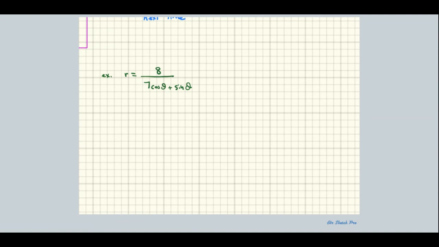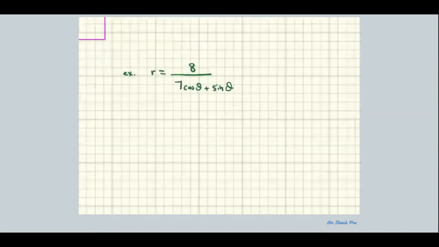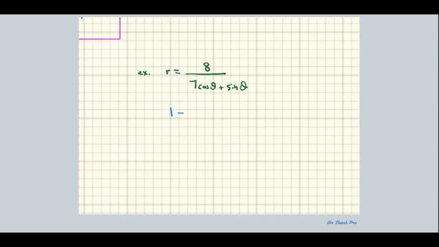And there's a trick for this. First of all, I'm going to write it as 1 equals 7 r cosine theta plus r sine theta over 8. When you're translating from polar to rectangular, and you see cosines and sines, you want to turn them into r cosines and r sines, because then you get x's and y's out of it.